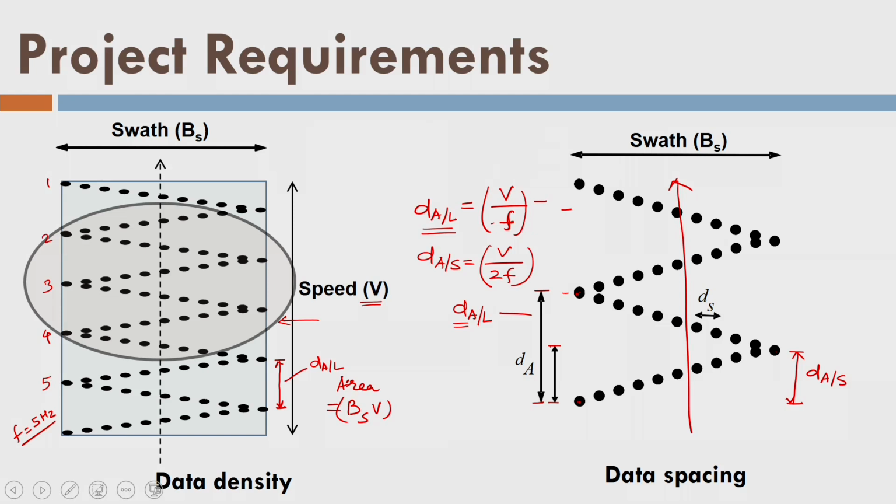So these are my project requirements. One is data density and one is the data spacing, because data spacing is going to tell me how far apart the data is from each other. Okay, one more thing I would like to introduce here: the average spacing between any 2 points along the swath is called the across track spacing.